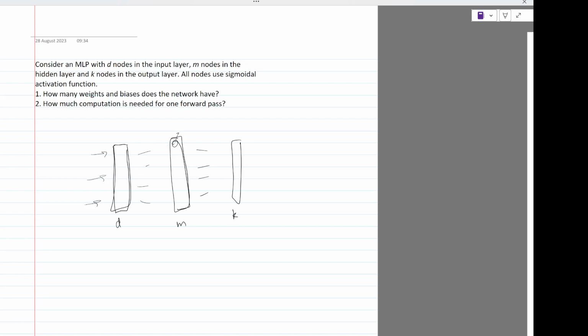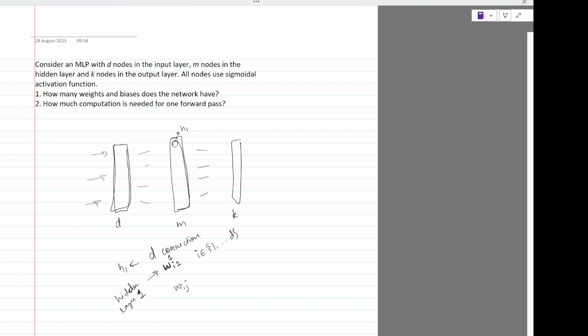This node H1, the first node of the hidden layer, has D connections to it, so it will have corresponding weights Wi1, where i is from 1 to D. Similarly Wij, so for the first hidden layer, I can say Wij superscript 1, the weights coming to the hidden layer.